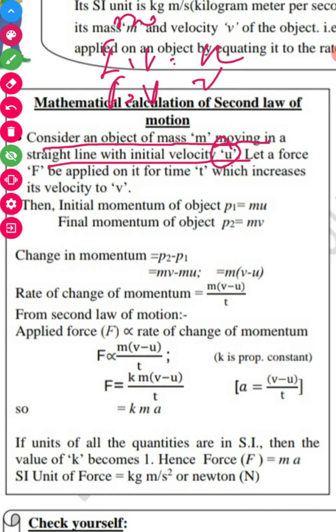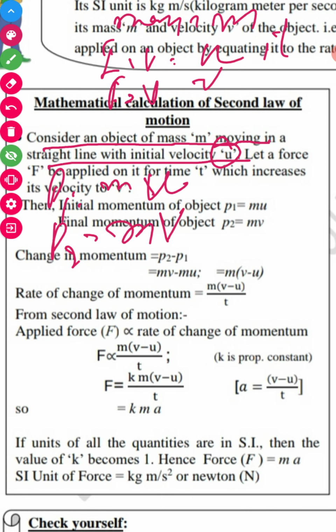When the force is applied in time t, the initial momentum p1 is equal to m into u, and the final momentum is m into v.